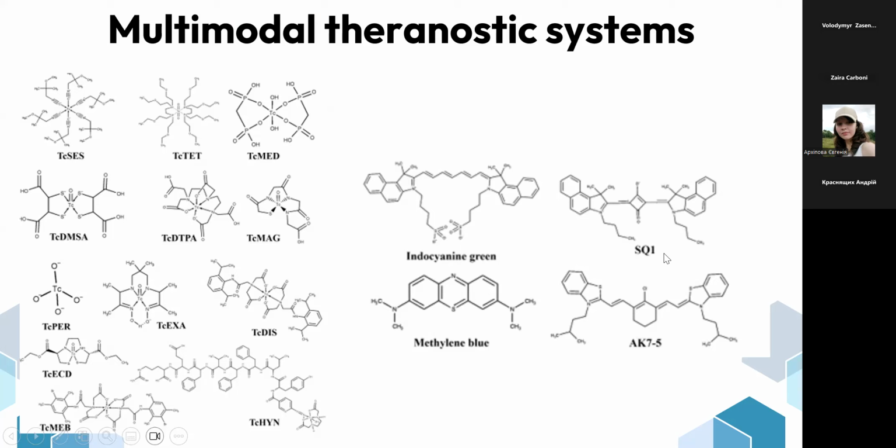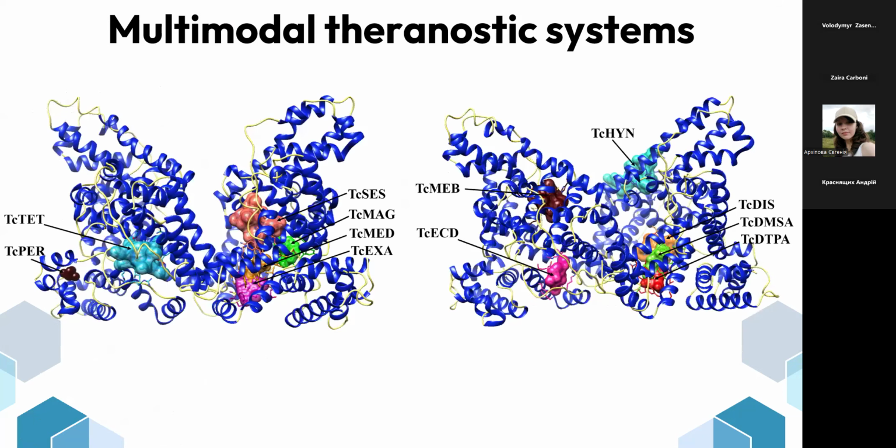These are only production names, but this is a squalane dye, and this is a cyanine dye. At the first step, we compared the binding affinities of different radiopharmaceuticals for albumin, and here are shown the best score complexes of different technetium structures with albumin.